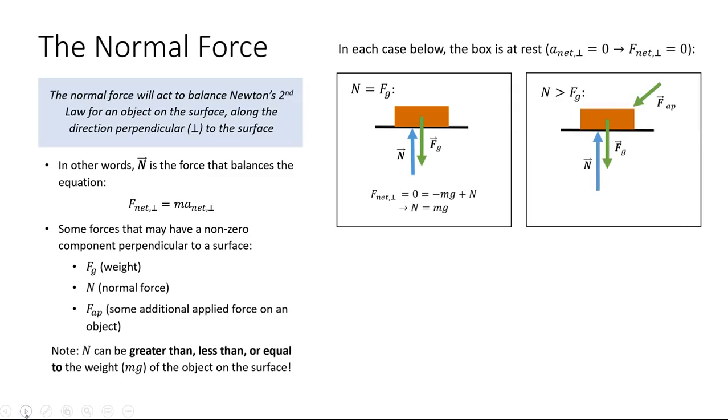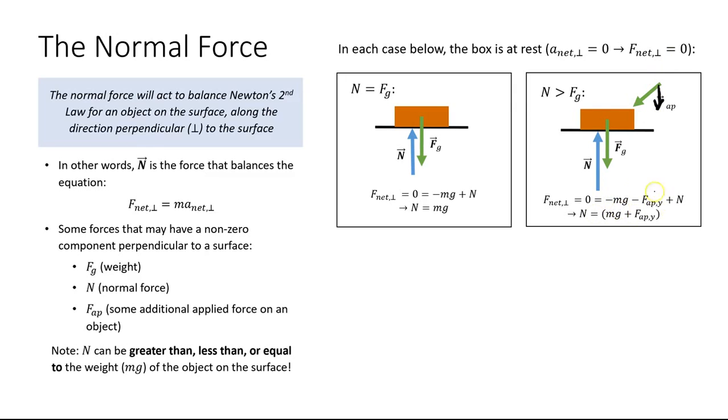Okay, next example here is a little bit trickier. We have the same setup except there's one more force. So now we have an additional applied force which is pushing generally downwards on the box. If we were to think about the net force in the direction perpendicular to the surface, which would be the y direction, we would still have the weight pulling down, so that would be minus mg. Then there's going to be a y component of this applied force that's pulling generally downwards, right?